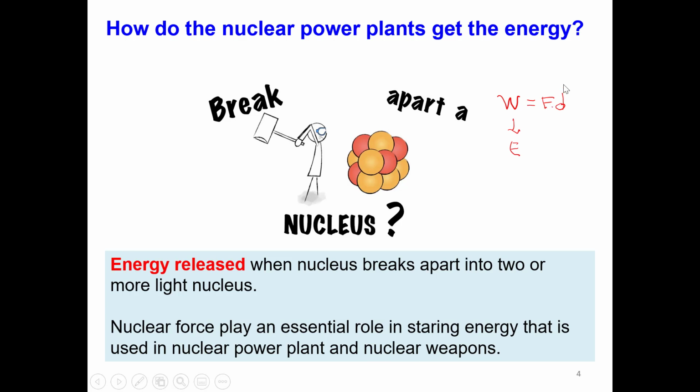Because of this force, when the nucleus breaks, it generates some energy. The energy released by one nucleus is small, but when we add up the energy released by billions of nuclei, the amount of energy is huge, a significant amount.